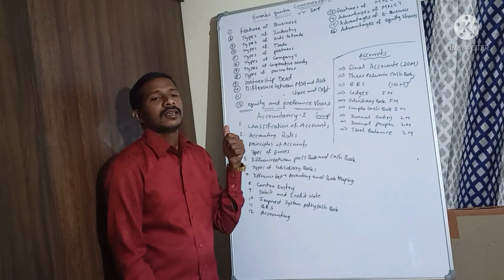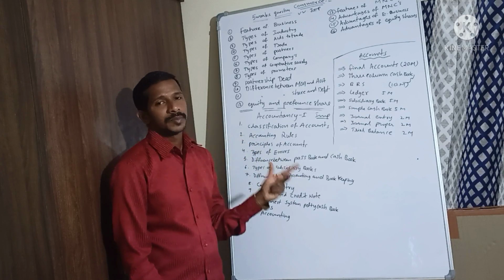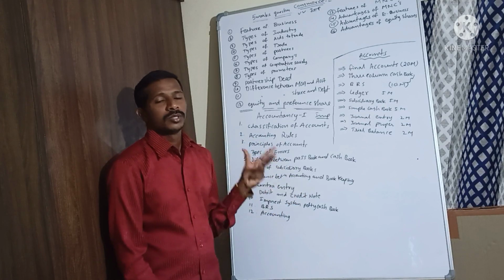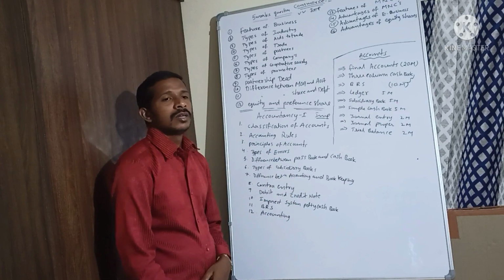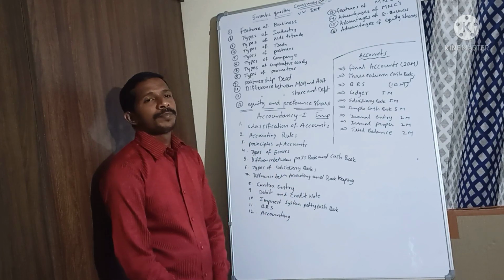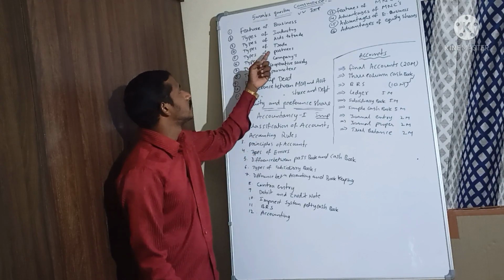So: banking, warehouse, transportation, insurance, communication. All these are the types of aids to trade.